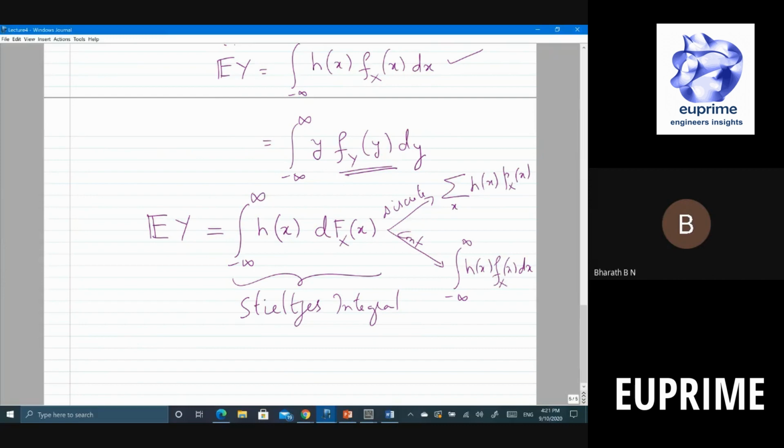The usual integral is called Riemann; this is the Stieltjes. Anyway, for this particular course, don't worry about what this essentially means. It means that for discrete it is the summation, and for continuous this is what it is. So whenever I want to write the expected value of y or expected value of x for that matter, irrespective of whether it is discrete or continuous, I can write this integral. Behind the scenes, you should do the conversion. You should know that if it is discrete, it's the summation, otherwise it is the other thing.